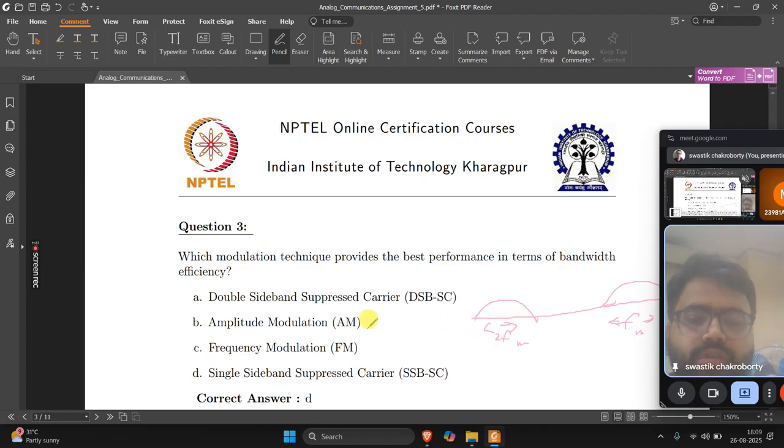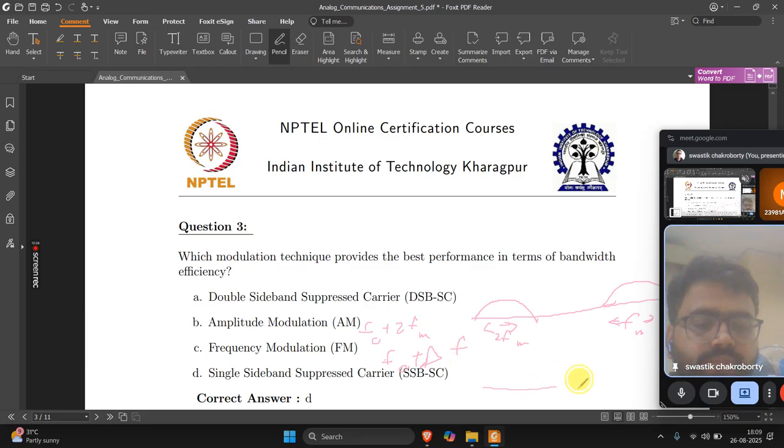In amplitude modulation, you will need FC plus 2FM. In frequency modulation, you have some FC plus delta F. And what will be the bandwidth in single sideband suppressed carrier?